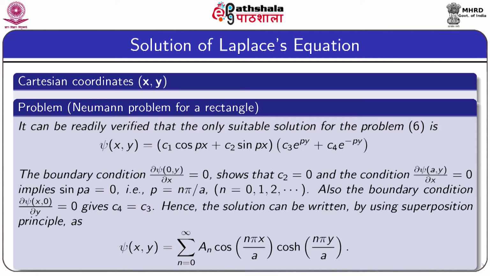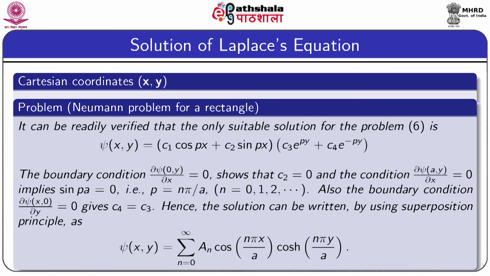Now, if we use the boundary condition del psi by del x at (0, y) equals 0, it gives C2 equals 0, and del psi by del x at (a, y) equals 0 gives the equation sin pa equals 0, and sin pa equals 0 gives p equals n pi by a, because sin of n pi equals 0 for all n equals 0, 1, 2, and so on.